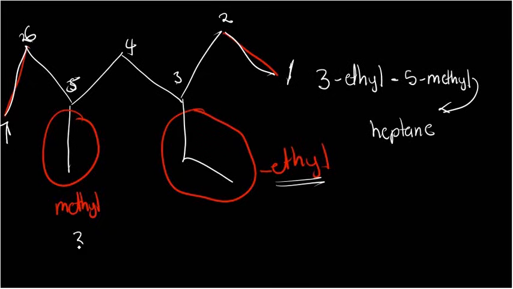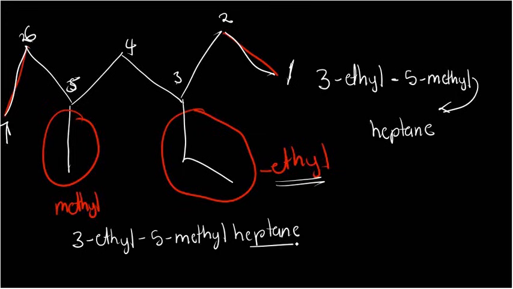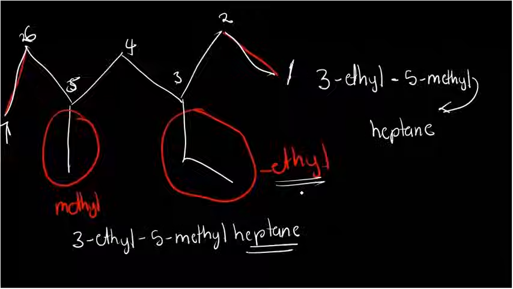So your answer is 3 ethyl, then 5 methyl, then heptane. That's what it means. Simple and straightforward.